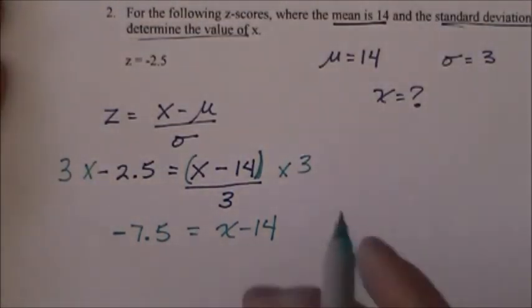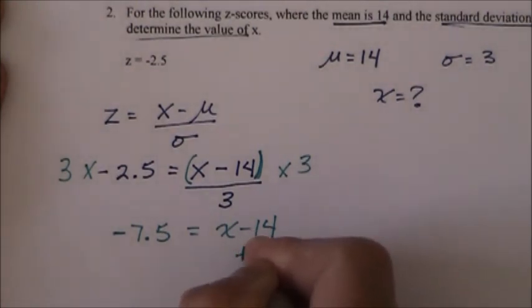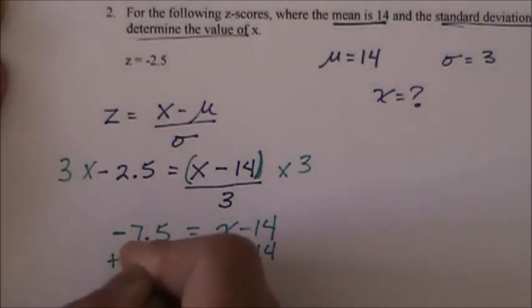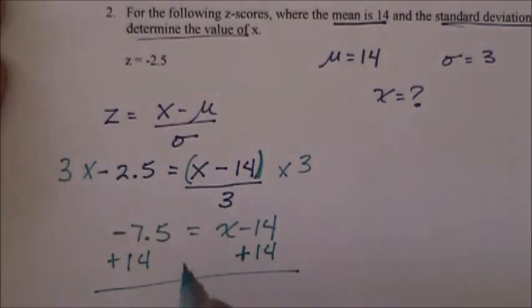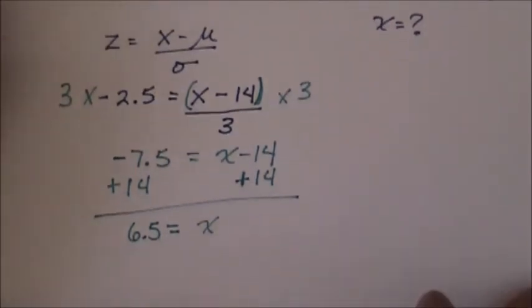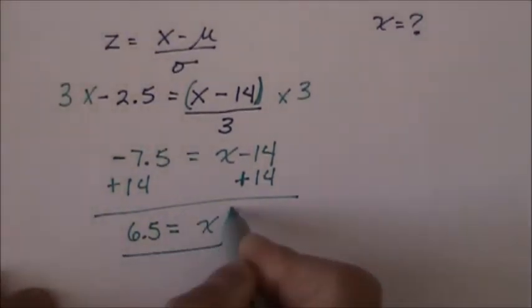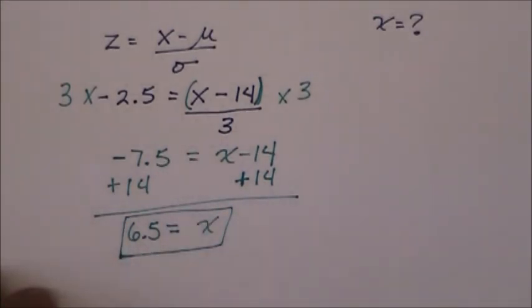Currently it's subtracting. Opposite of subtracting is to add. So we're going to add 14 to both sides. And as we go to do that, this becomes 6.5 equals x. Negative 14 plus 14 is 0. So there is our final answer for x.